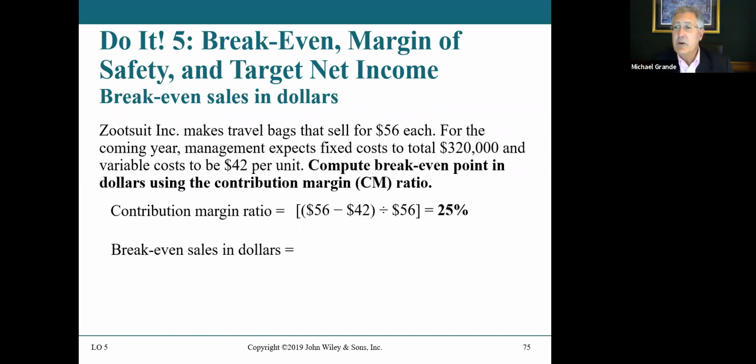The contribution margin ratio, as we talked about, was the contribution margin of $14 divided by the selling price of $56, which equals 25%. So break-even point in sales dollars is the fixed cost of $320,000 divided by the CM ratio, which is $1,280,000.